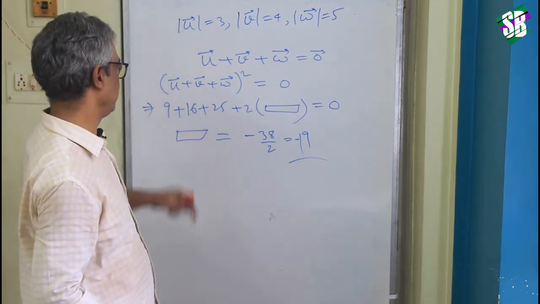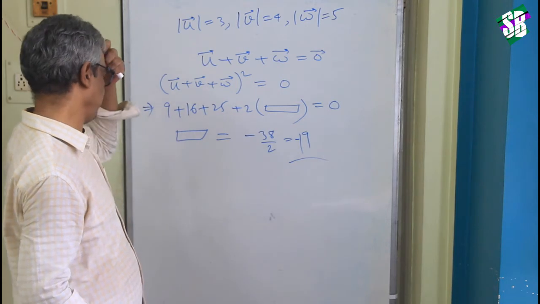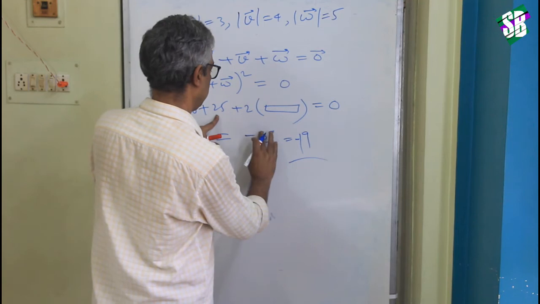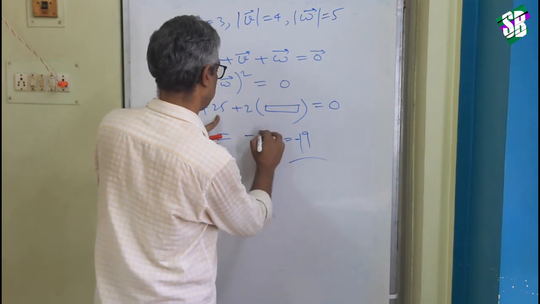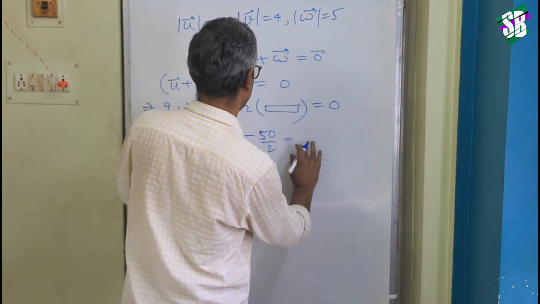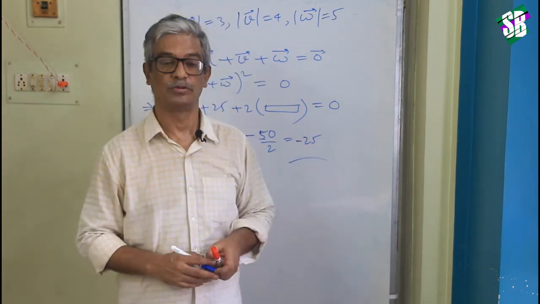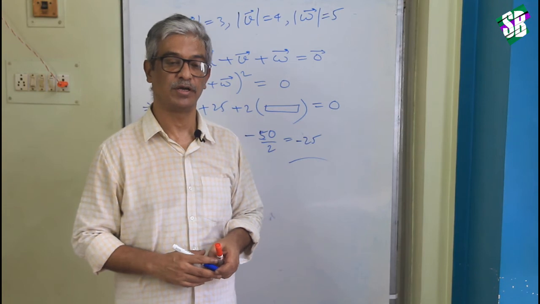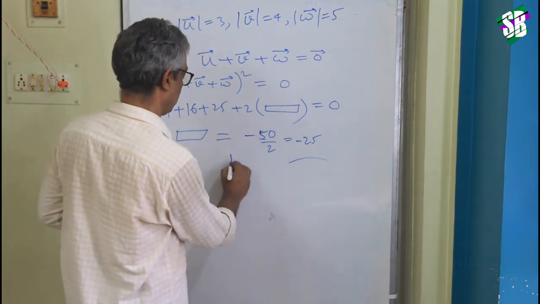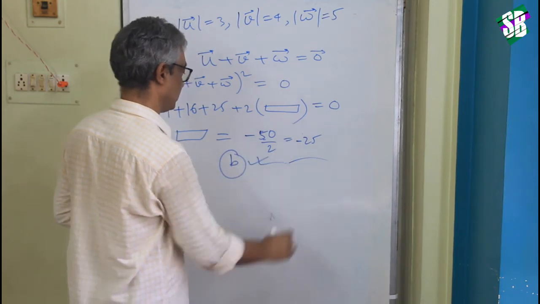So 16 plus 9, 25 means 50. So it is minus 50 by 2. So this is minus 25. So which option is minus 25? Option B is minus 25. So option B is correct.